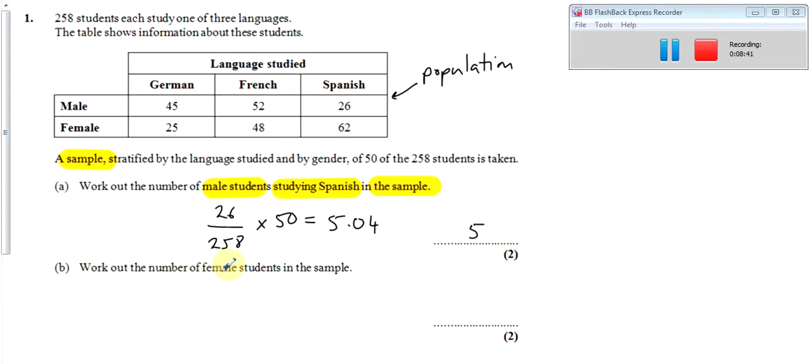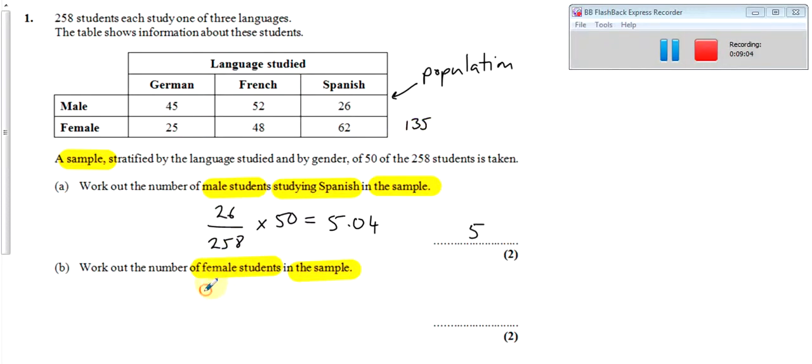Work out the number of female students in the sample. So again, it's the number of female students in the sample, not here, this is the population. But how many female students are there? Well, we've got 48 and 62, so that is 110. So there's 135 female students in the population.